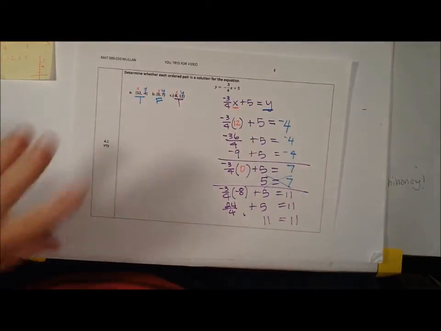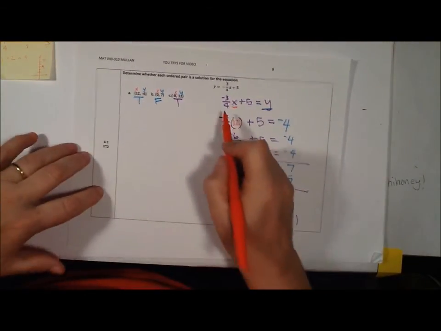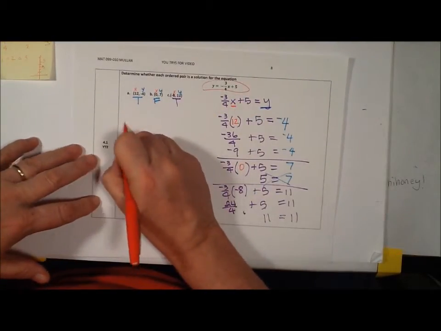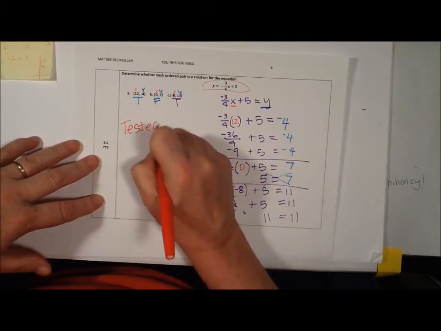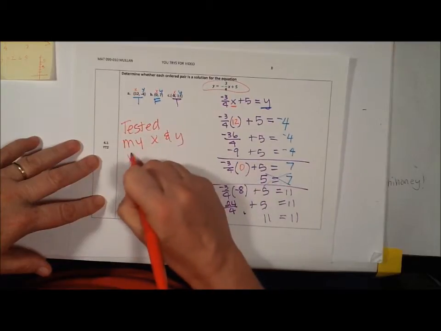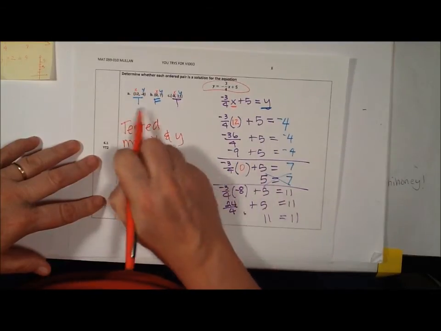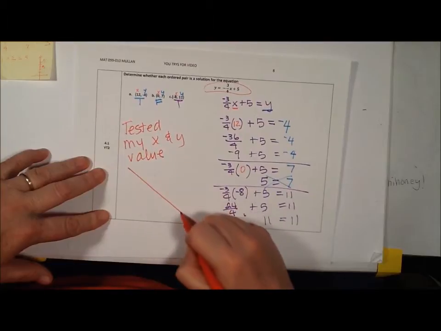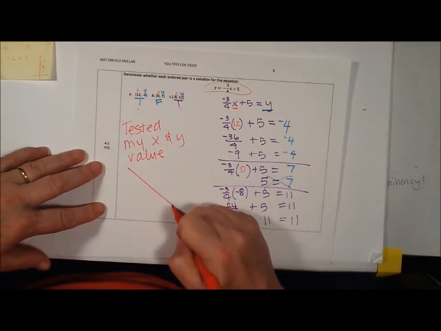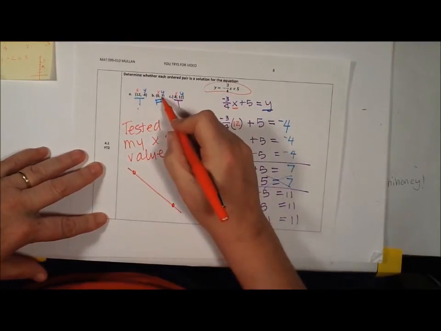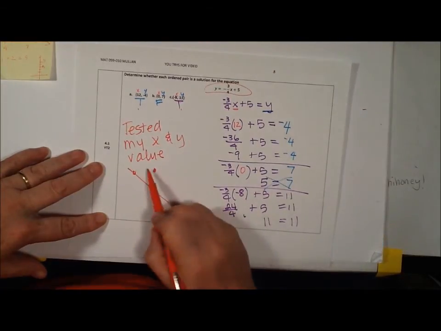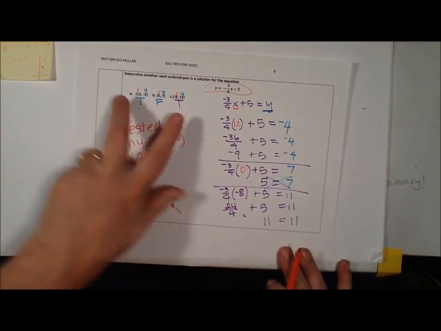I just used my algebra skills to evaluate the equation using these values. So I just tested my x and y value. So if I were going to draw a line about that, on that line, this point and this point would be on it, but this point would not. Oops, that point would be up there. So he doesn't belong. Those two, though, are on the line.